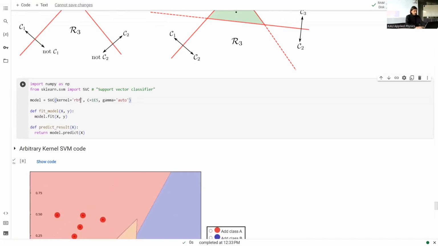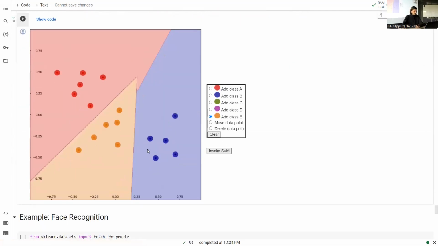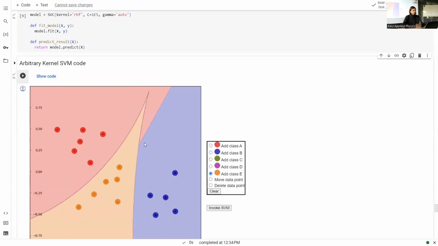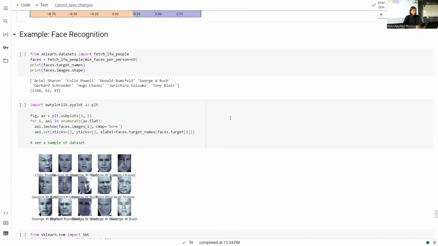You can use a different kernel, for example, RBF. I encourage you to play around with this demo as well and check how that classification is performed, when it performs well, when it performs badly, and what else is happening, just to make some intuitive sense of all those regions and what you get when you perform different classification.